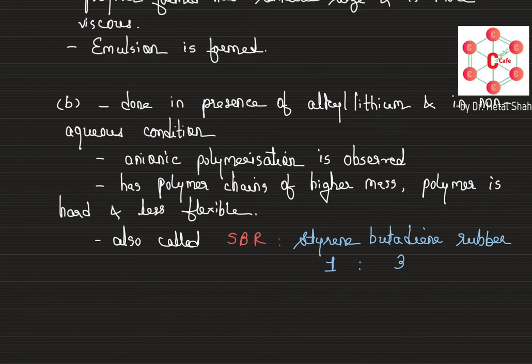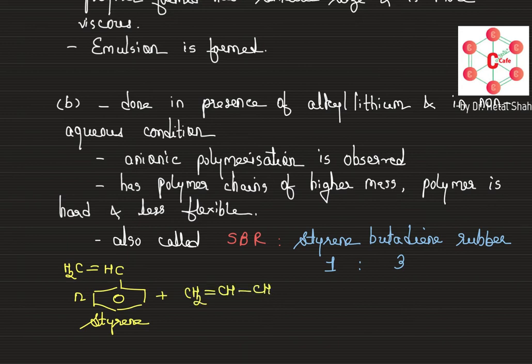Now you can give the reaction also. So it is like, this is your styrene. This is N molecules, this is styrene. And this is your butadiene, N molecules.